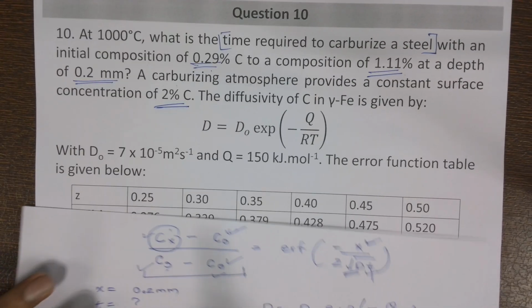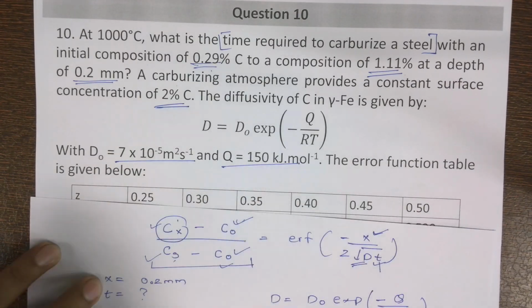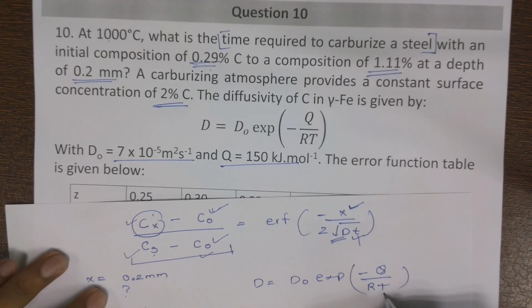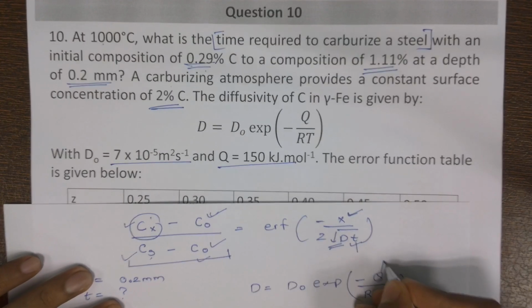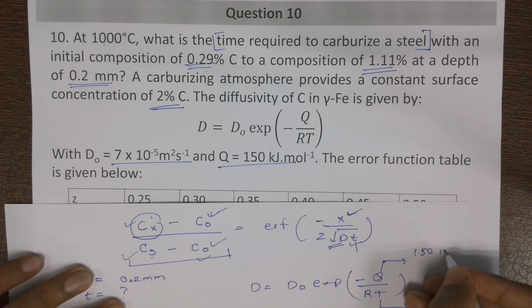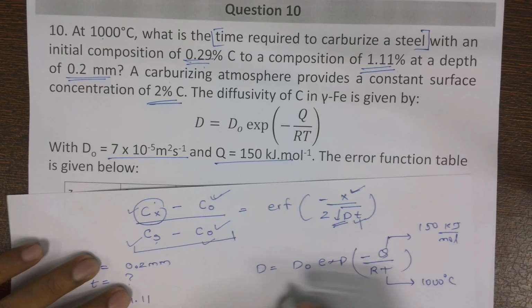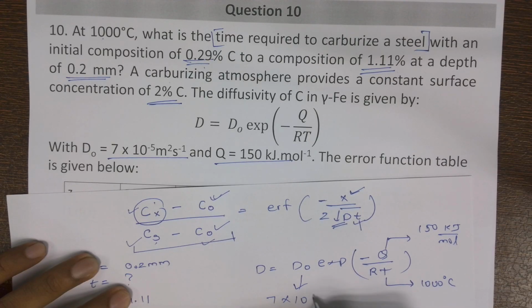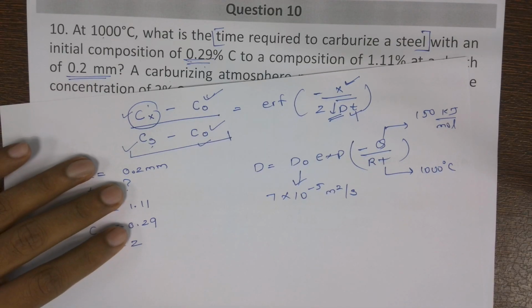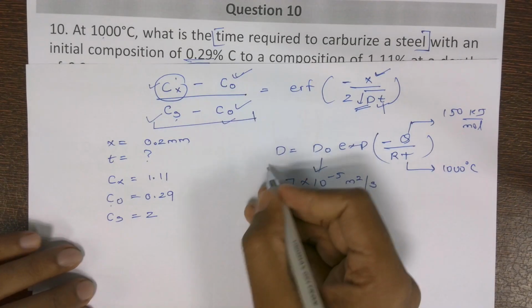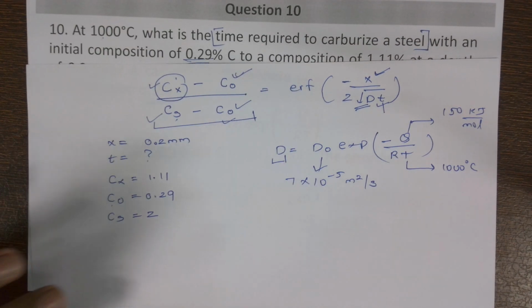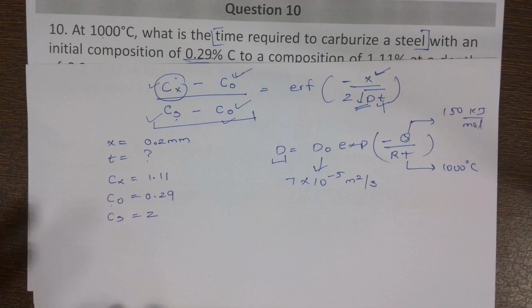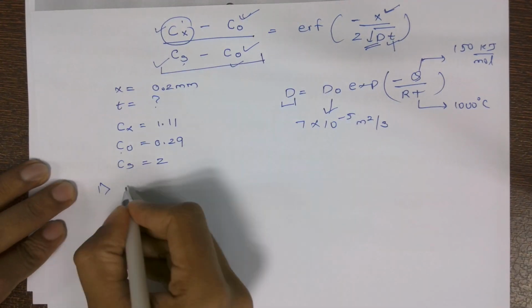D naught is given, Q is given, and the temperature is also given: we are doing it at 1000 degrees Celsius. The activation energy is 150 kilojoule per mole, and D naught is 7 multiplied by 10 to the power of minus 5 meter square per second. So with all these known factors, we can find D, and then we just have to solve this error function. This is our approach. Now let's try to do it. The first aim will be to find D.